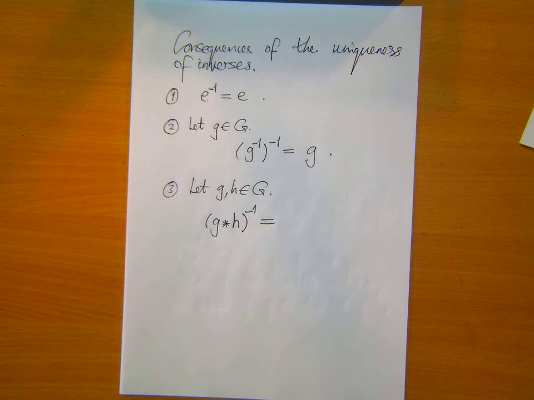Any suggestions? You've seen this for matrices, and we did actually touch on it in one of the tutorials yesterday, I think. Can't remember which one now. But you've seen this for matrices already. What's the inverse of a product? You expect it to be something to do with g inverse and h inverse.